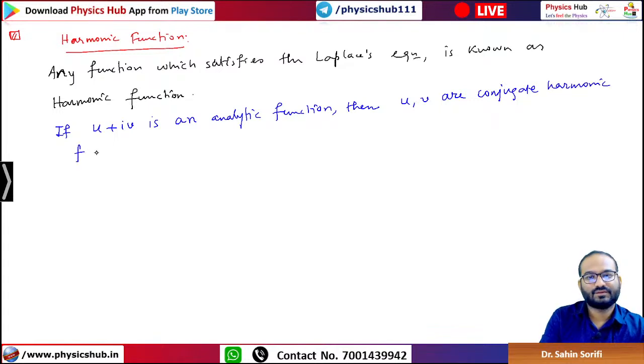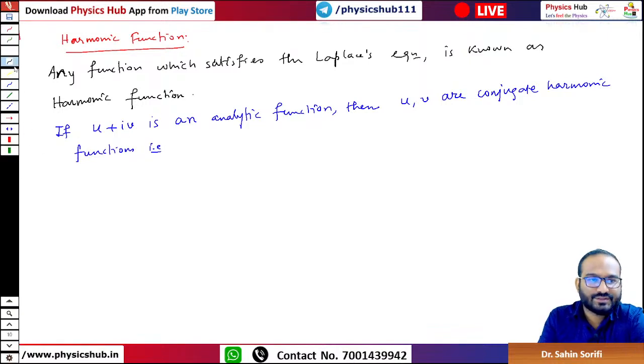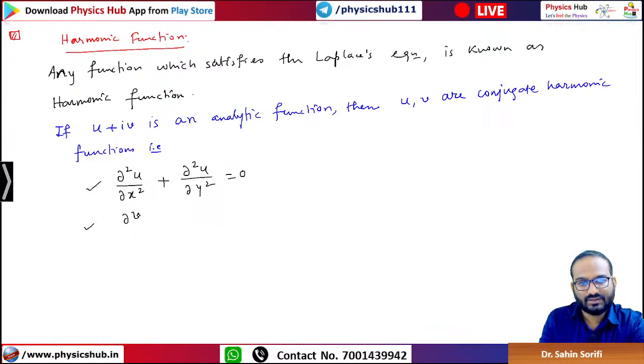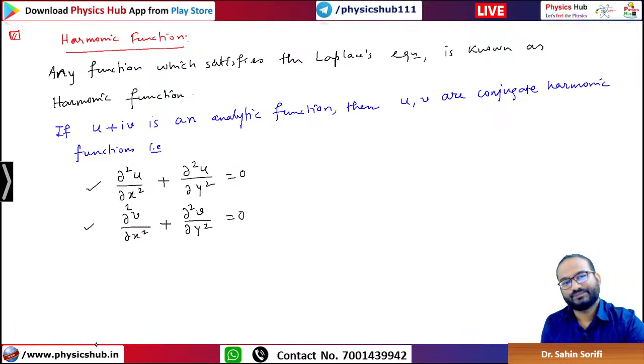Both u and v satisfy Laplace's equation: del square u by del x square plus del square u by del y square equals 0. This is for u, and for v, del square v by del x square plus del square v by del y square equals 0, right?